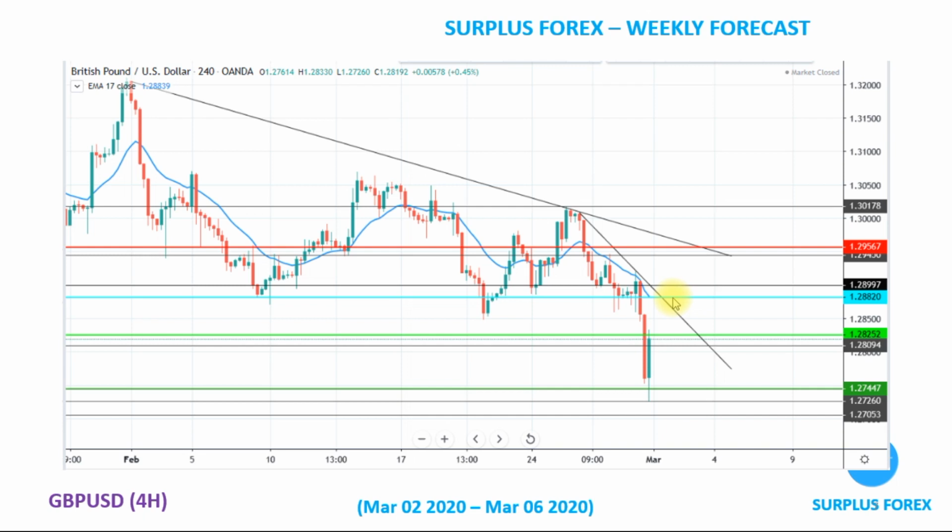So I'm entering at 1.2882, keeping first target at 1.2825 and stop loss at 1.295056, right above the previous support, previous resistance of 1.2945. I'm keeping a 10 pip difference out there, and then I'm keeping my second target at 1.2744.